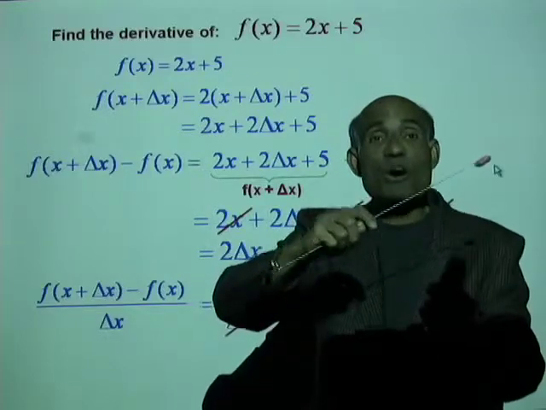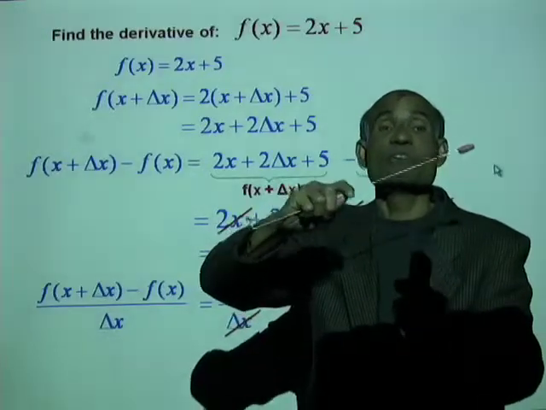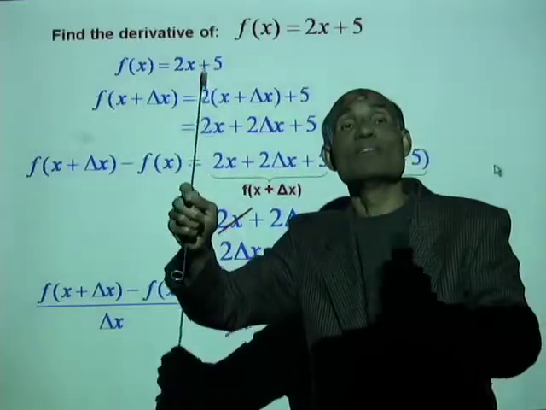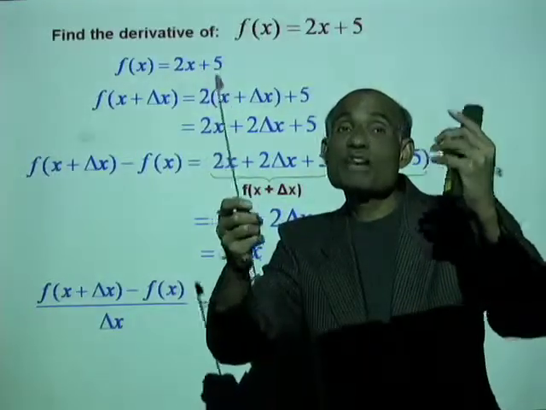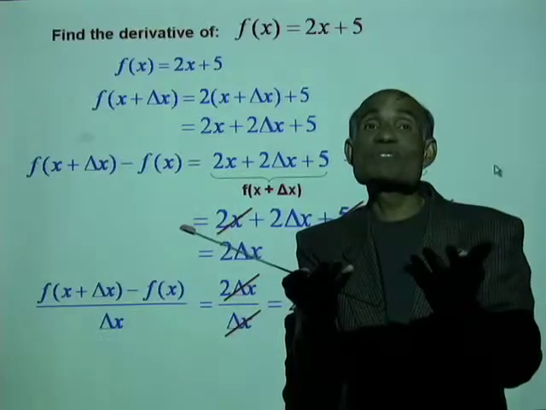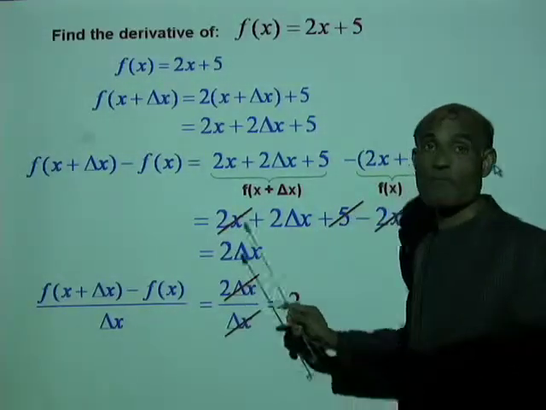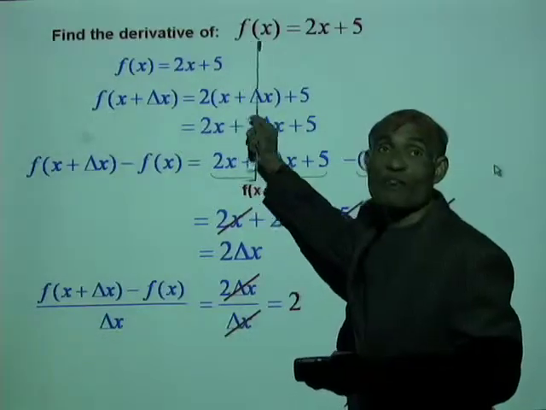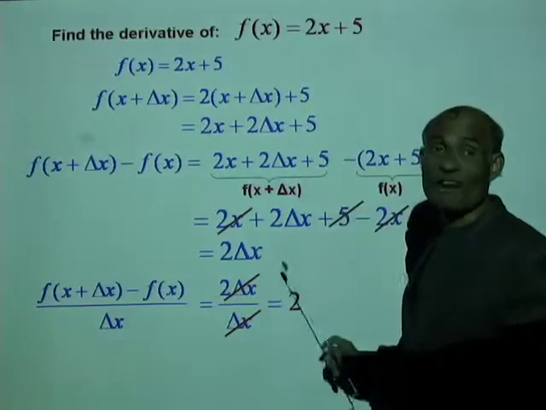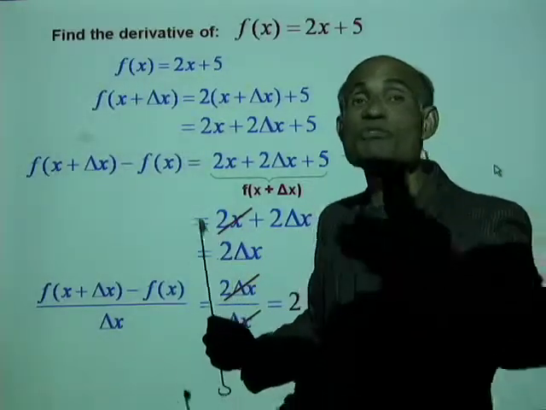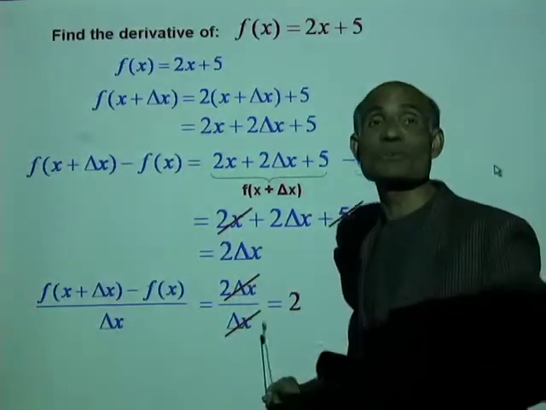A difference occurs only when you have a graph that curves up or curves down. Then the average rate of change and the instantaneous rate of change are different. And one more thing I want you to notice. The derivative of f of x equal to 2x plus 5 is 2. And the derivative of f of x equal to 2x also is 2.